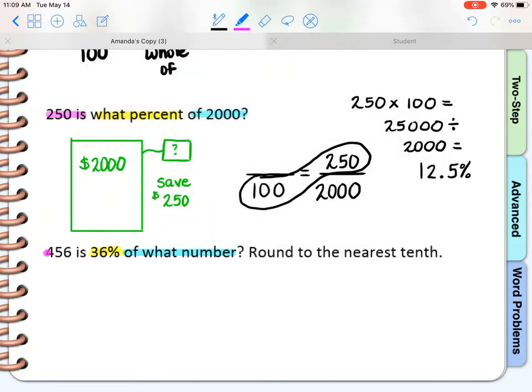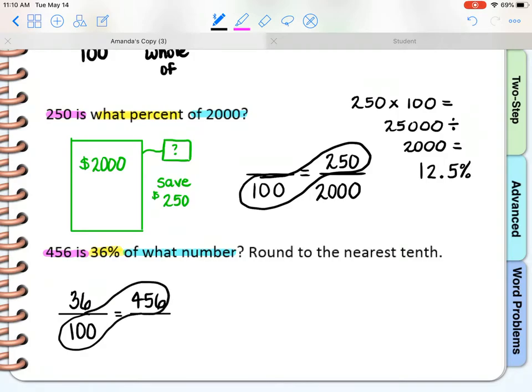And we do know the part. So let's set up our proportion. That never changes. 100's built in, and we know the percent goes with that. And 456 is the part, so that's going to go on the top.